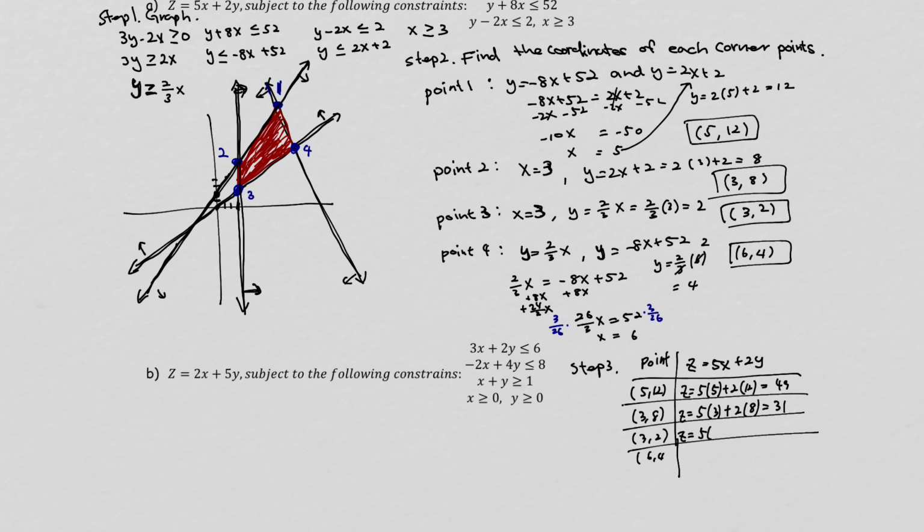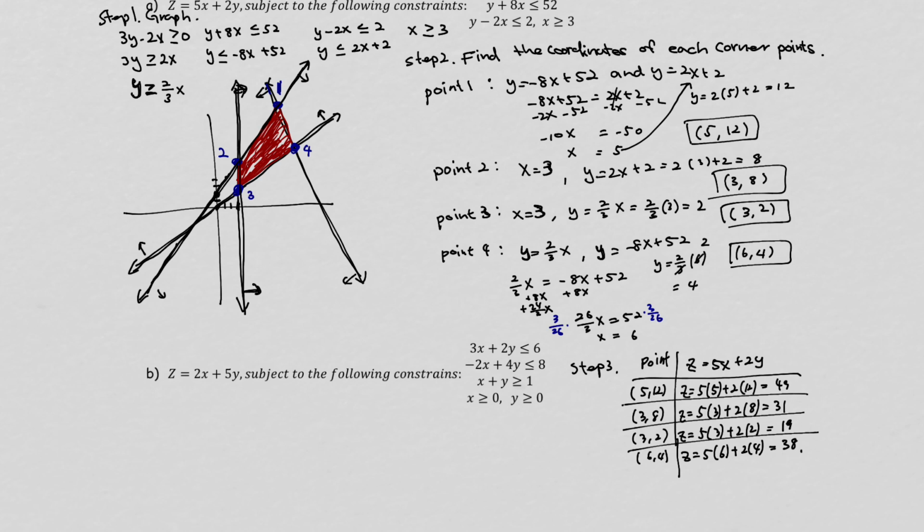I have 5 times 3 plus 2 times 2, I get 19. And then the last one, 5 times 6 plus 2 times 4, I have 38.